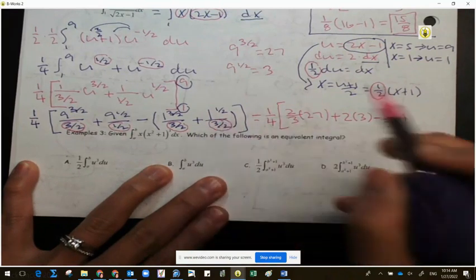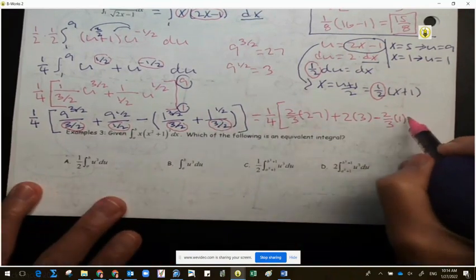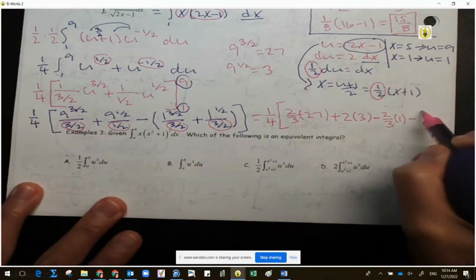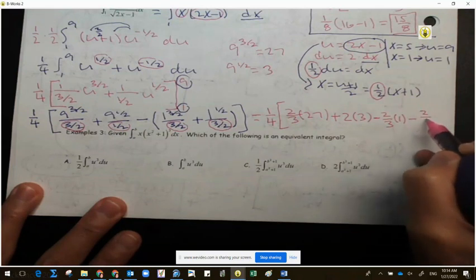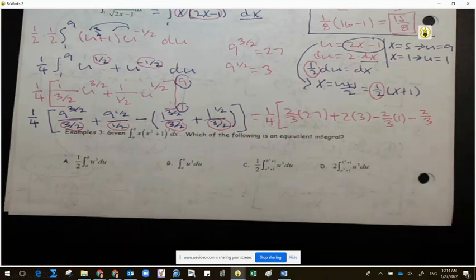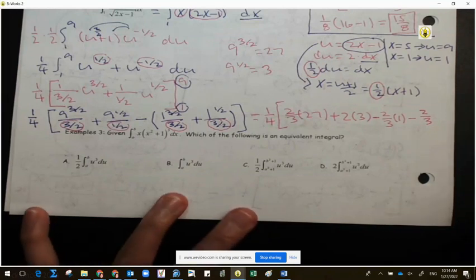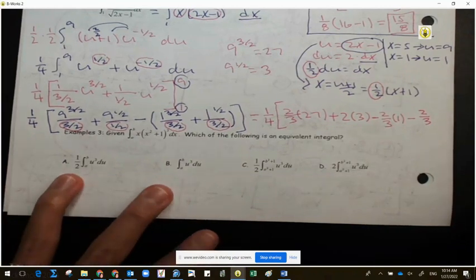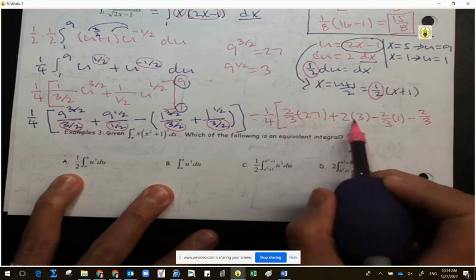The next one right here. We're looking at, we got minus, is that 3 over 2? Or 2 over 3? Where's 1/2 coming from? Got that one.